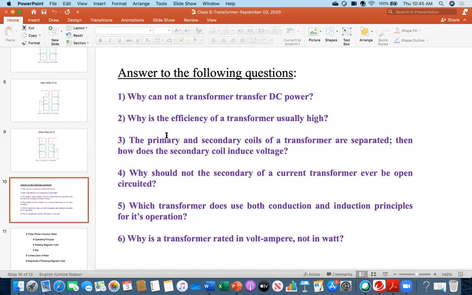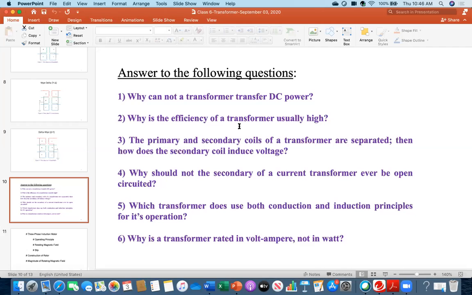Question number 2, why is the efficiency of a transformer usually high? So how would you answer this question? We discussed that a transformer has high efficiency, more than 95%, close to 98%.